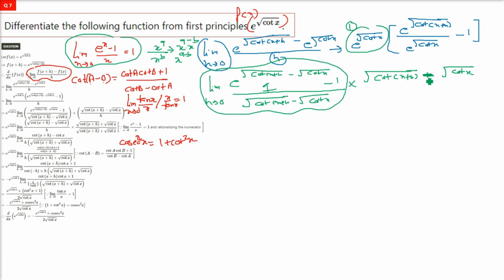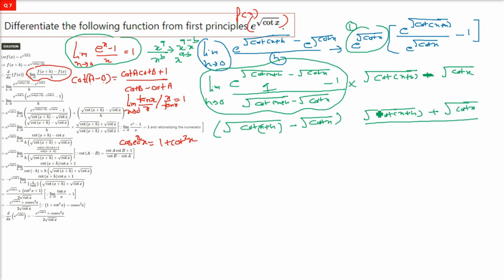This term, under root cot x plus h, we are going to rationalize. So we have this term remaining, under root cot x plus h minus under root cot x. In order to rationalize, just multiply the same term with a positive sign. The same term with a positive sign, multiply here, under root cot x plus h plus under root cot x, same thing in the denominator.